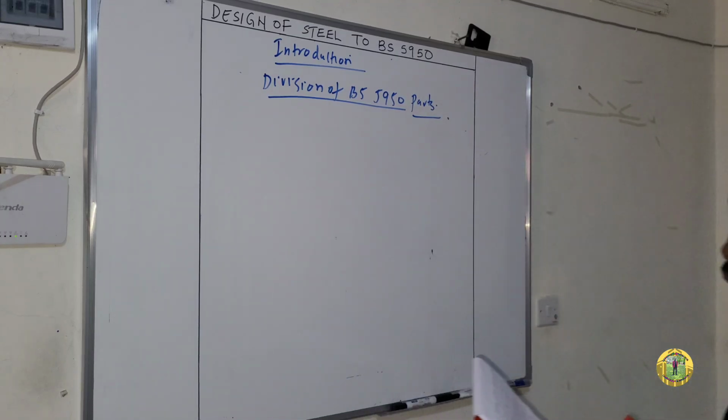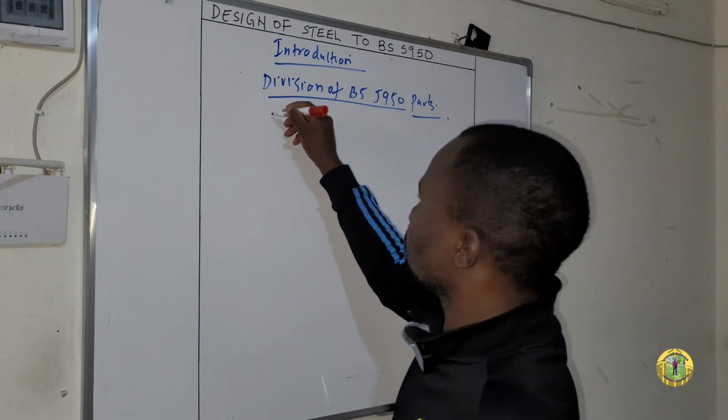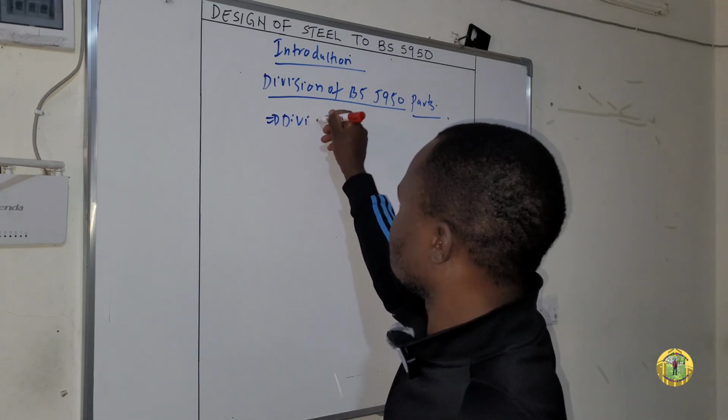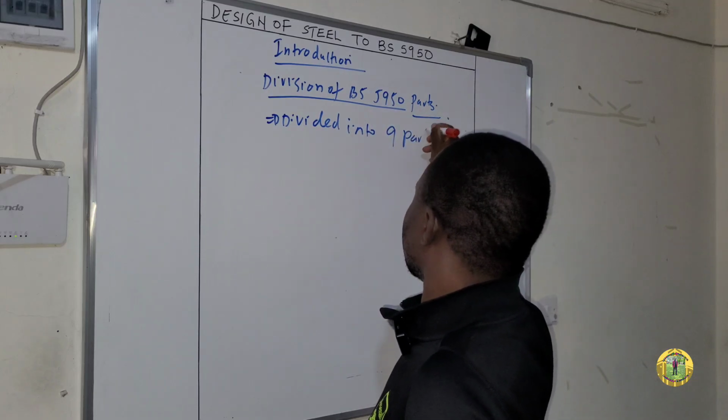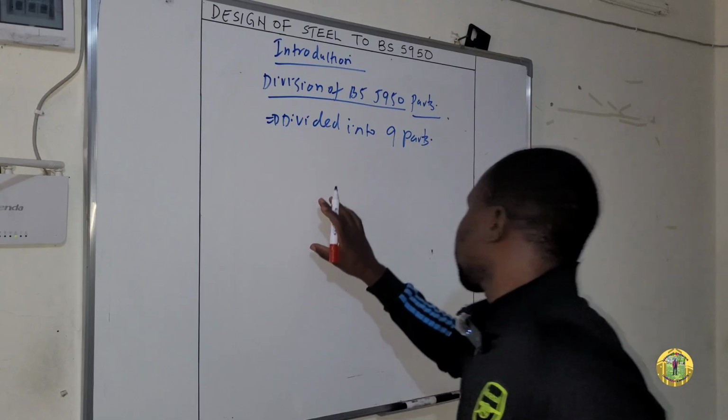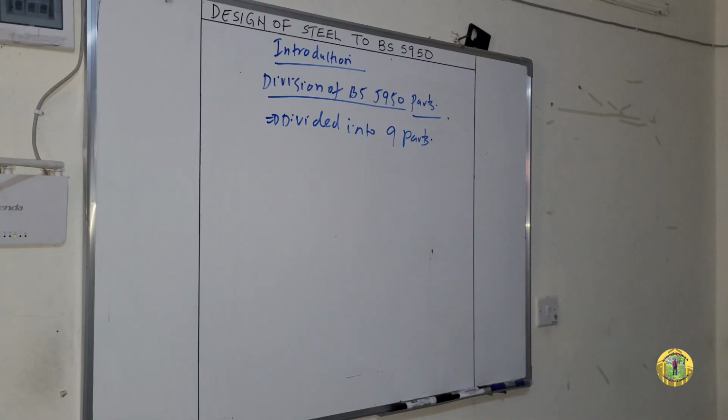BS 5950 is divided into the following 9 parts. I will not write it on the board, but I will read it for you. We have part 1, code of practice for design of rolled and welded sections. You have part 2, specification for materials, fabrication and erection, rolled and welded sections.